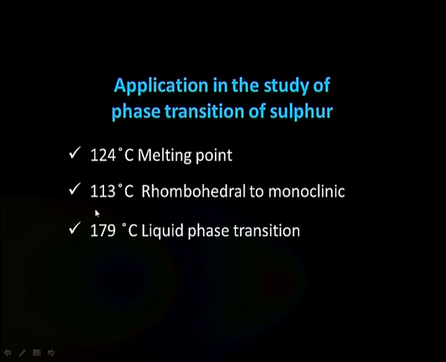At 113 degrees, rhombohedral sulfur changes to another sulfur which is monoclinic sulfur. So, the phase is transferred from rhombohedral to monoclinic. At 179 degrees, it changes to a liquid phase transition, whereas at 446 degrees Celsius, it starts boiling, and it is the boiling point of sulfur.